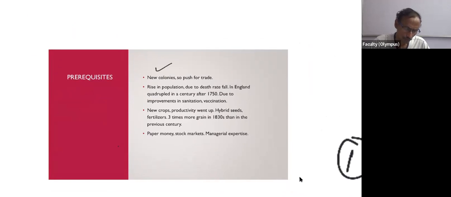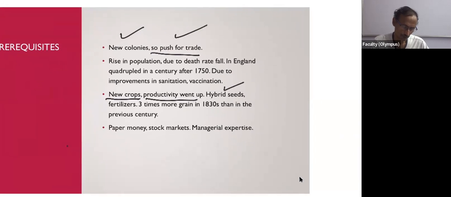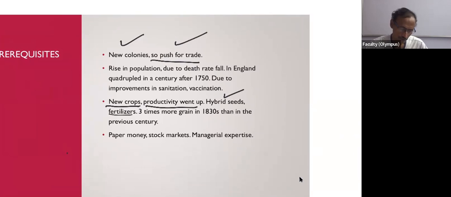New colonies happened, which gave a push for trade, and crop productivity went up because of hybrid seeds and fertilizers. There was three times more grain in the 1830s than in the previous century in England.